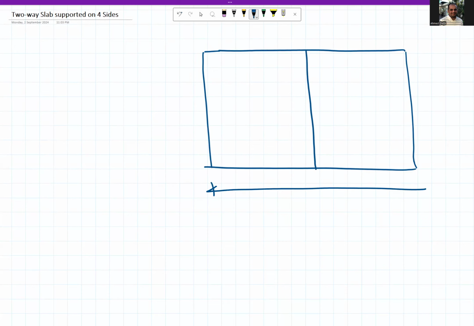We have two directions. This direction is the short direction, L short equal to 5 meter, and the other direction L long 6 meter.